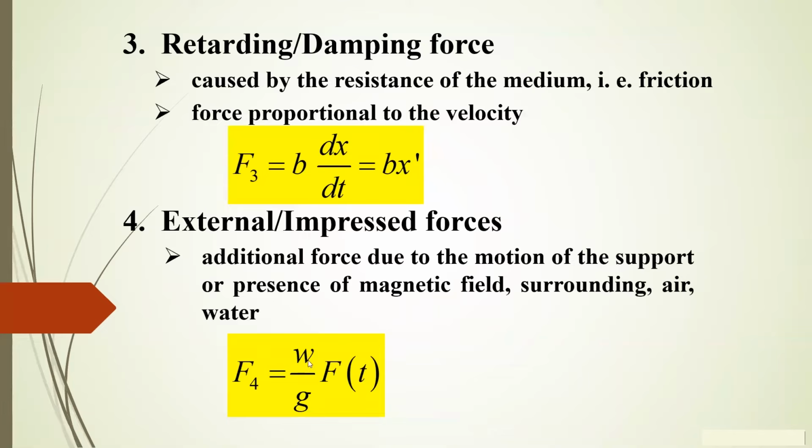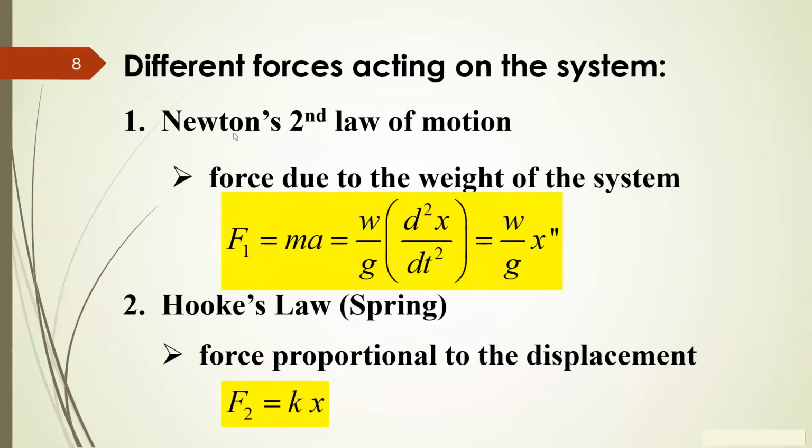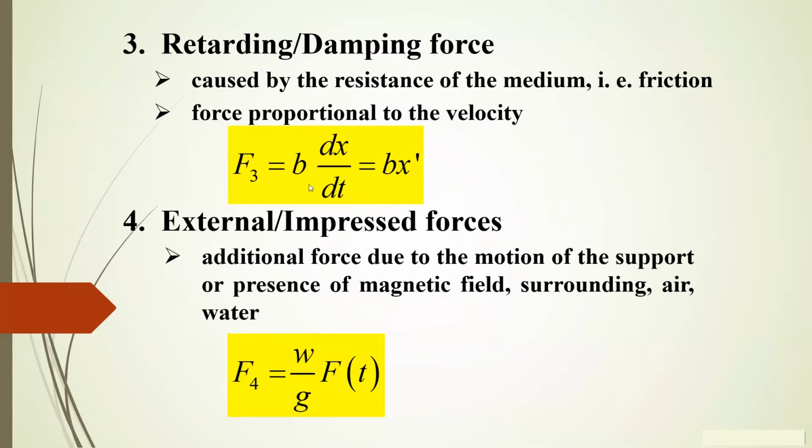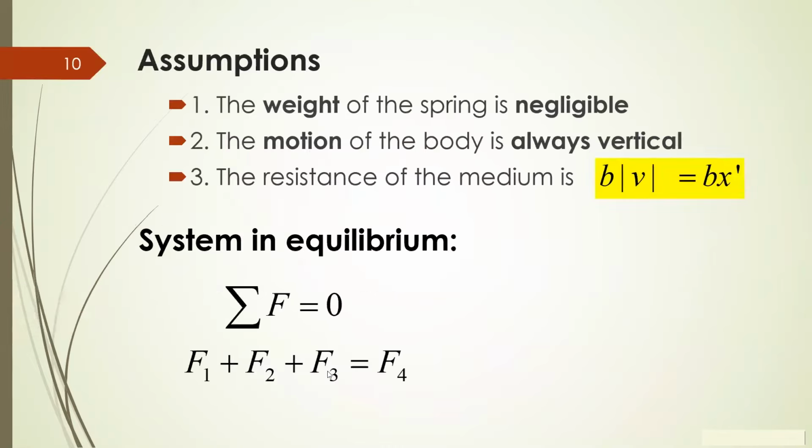This is the fourth formula, W over g times Ft, the one I asked you to take note of. So again, four: Newton's law, Hooke's law, the damping, and the impressed. Damping is due to friction, impressed is the external forces.